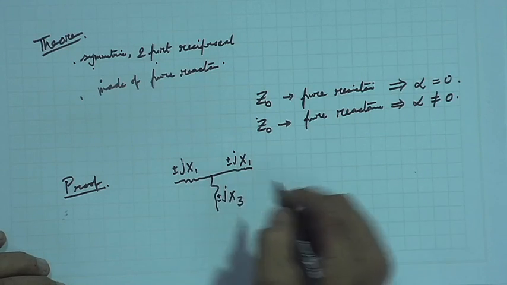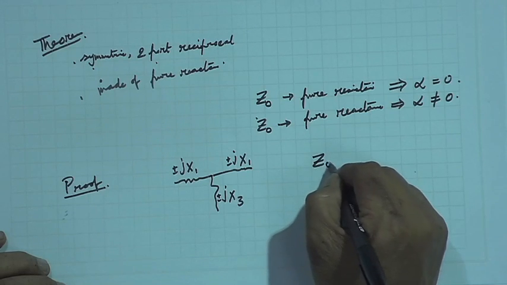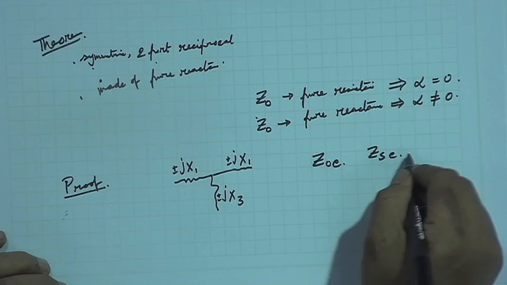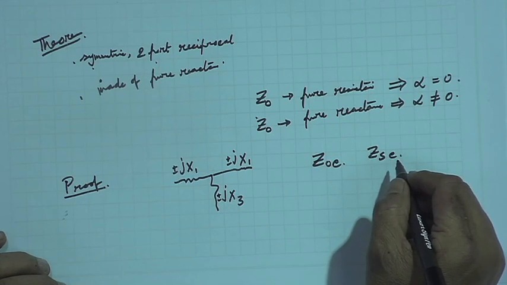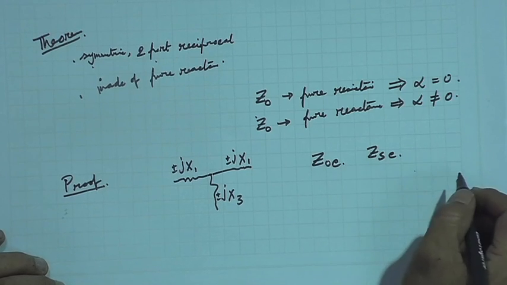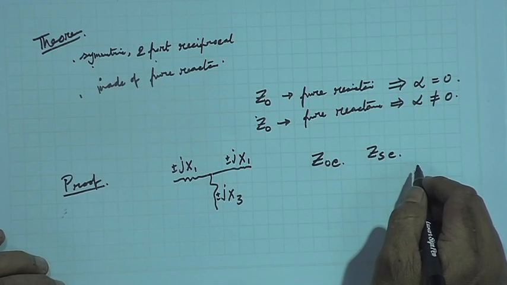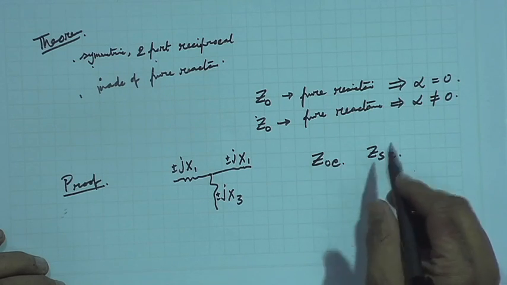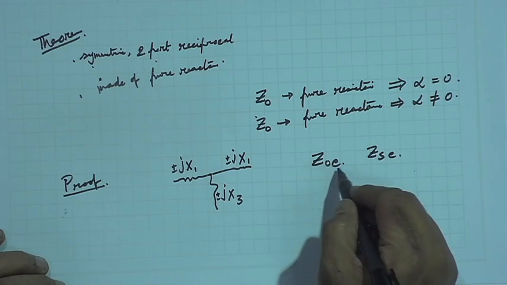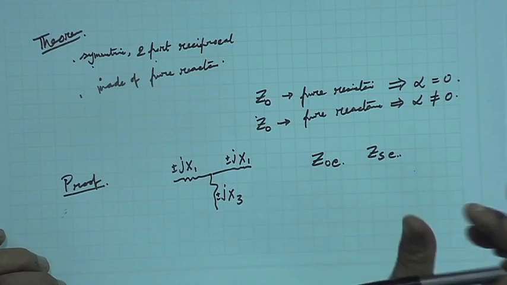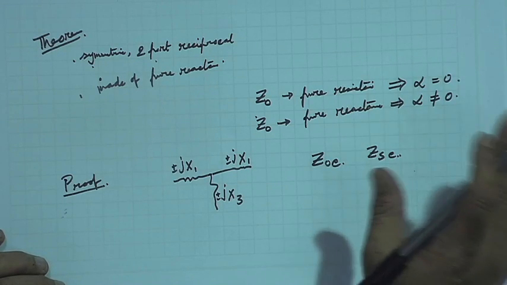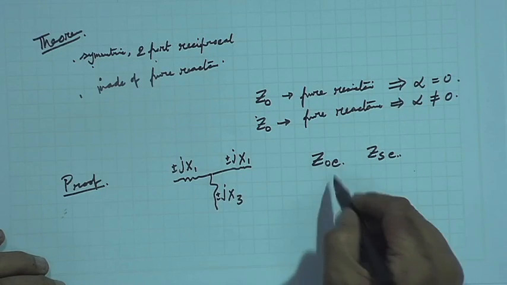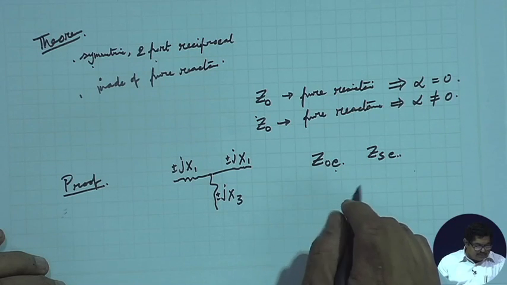So, if this is the case, then can I say that ZOC and ZSC, which we already saw, they are also pure reactances. We have seen that Z0 is equal to root over ZOC into ZSC. So, open circuit and short circuit cases, because we have seen there are various combinations of these, they will also be pure reactances.